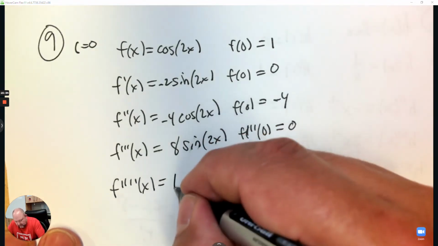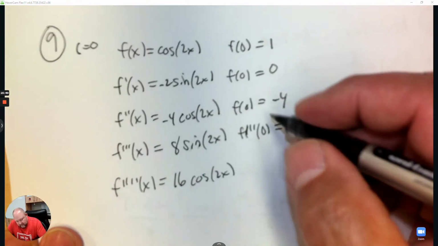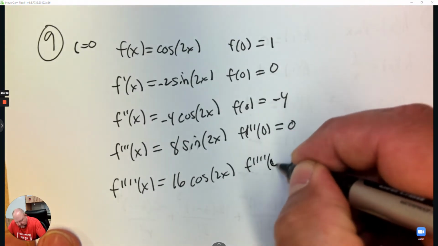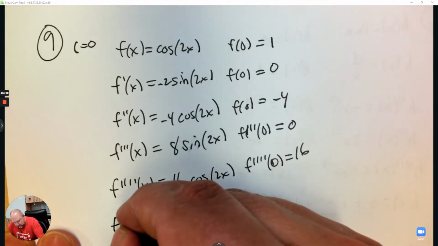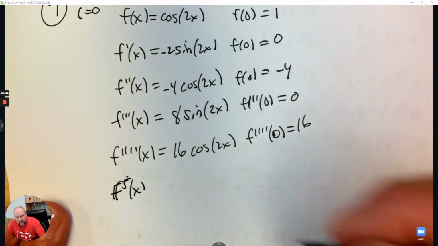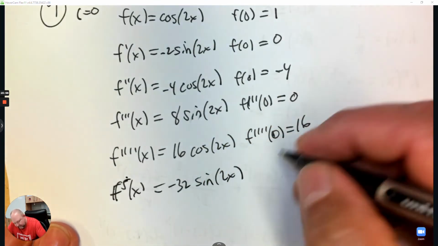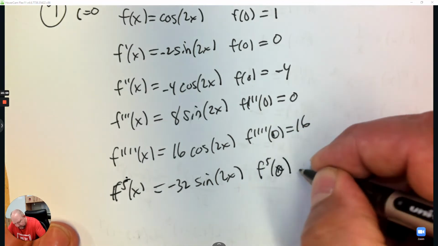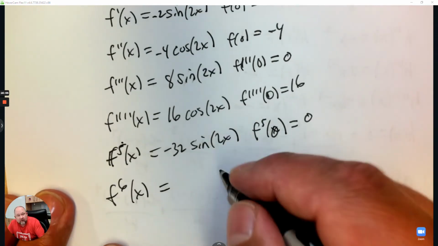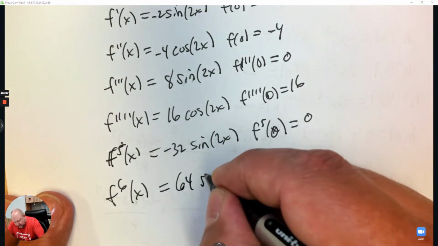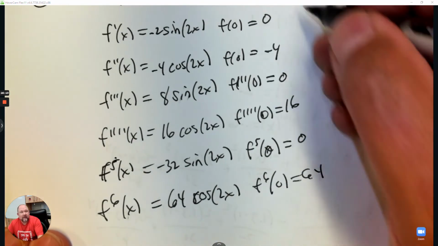With a hook, this is going to be 16 cosine, and then it's going to be negative 32 as it alternates. And this is the last one that gives us it. That's positive 64. Alright, so you have the values that you need.